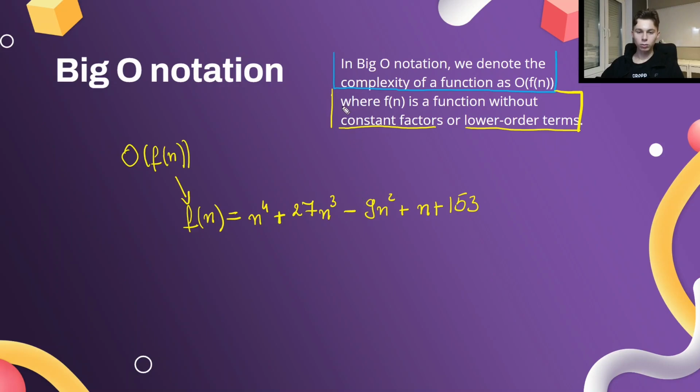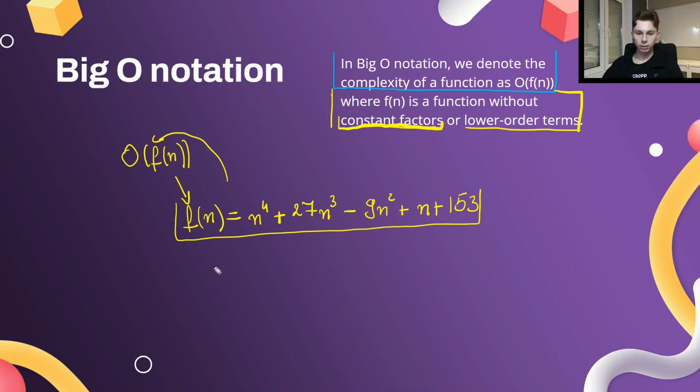And here we read that we need to do something with this function to be put into the big O notation. First of all, we need to erase constant factors.